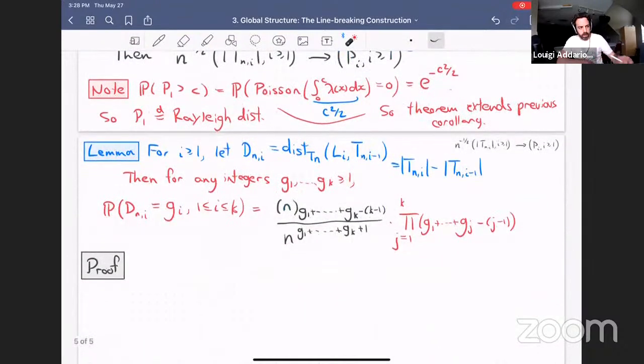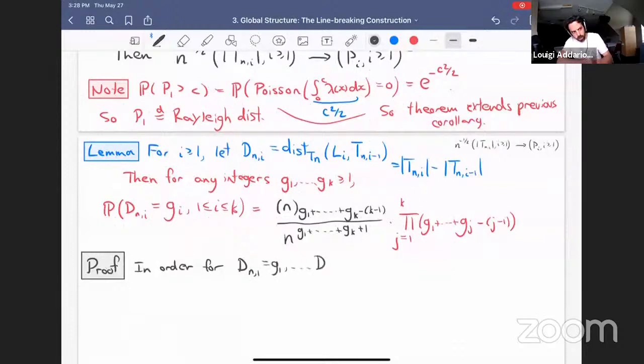Okay, so let's see why this lemma is true. In order for dn1 to be g1 and so on, dnk to be gk, what has to happen?